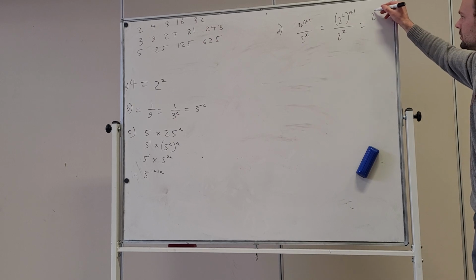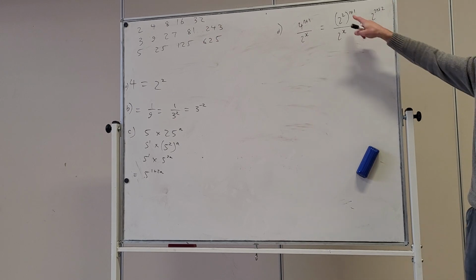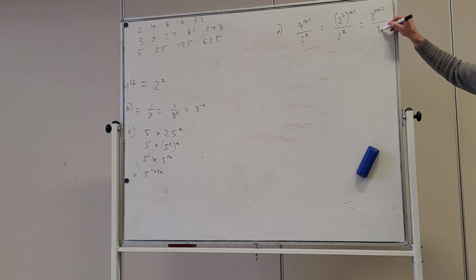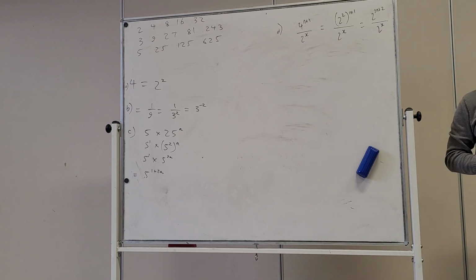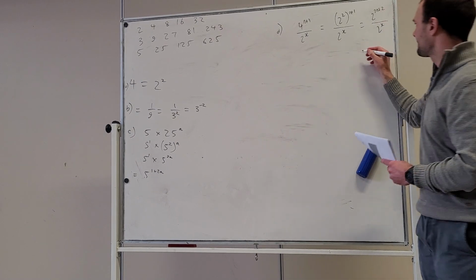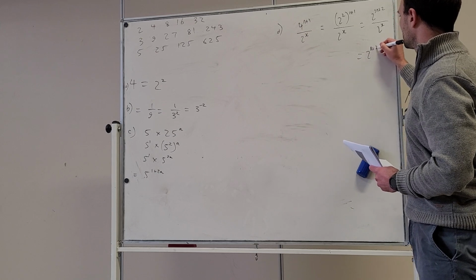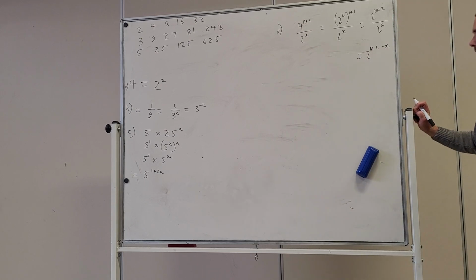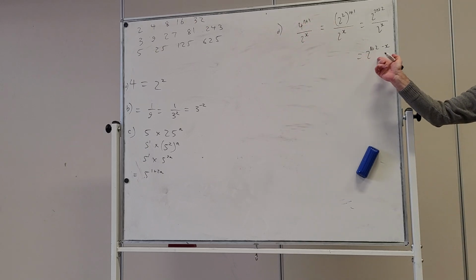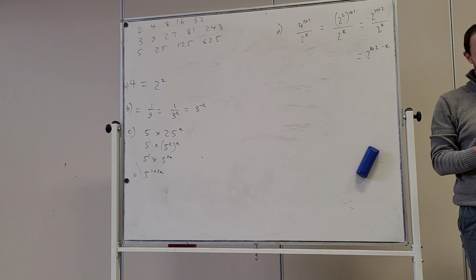So that's going to be 2 to the power of 2n plus 2. That 2 multiplies both of those on top of 2 to the x. They have the same base, so it's the top power take away the bottom power. So we've simplified all of this to express it as a single power of 2.